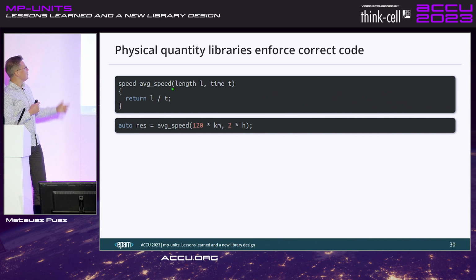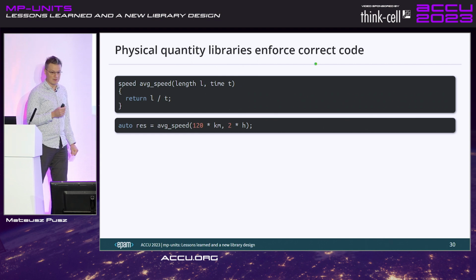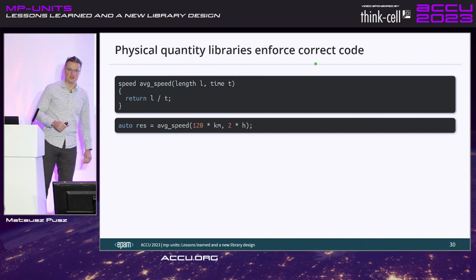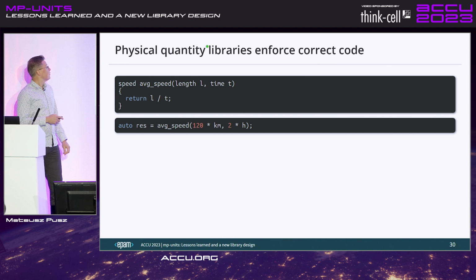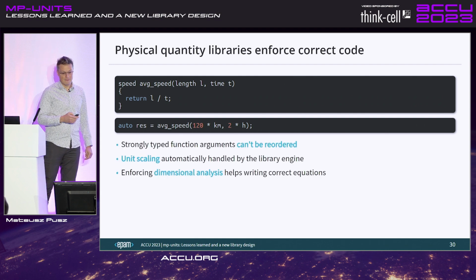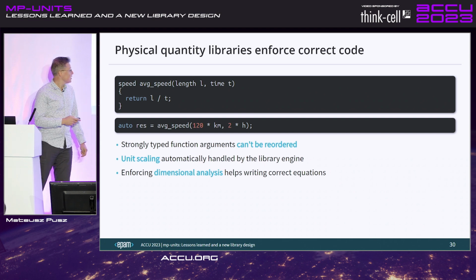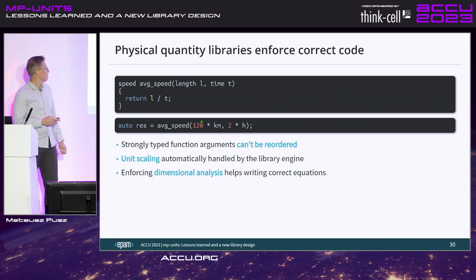You probably know about this, but I just want to make it straight that physical quantities libraries enforce correct code. This is something similar to what Andreas was speaking about in the previous talk, right? So if you have average speed, length, time, and return speed, there is no way to provide the arguments in a different order. This is one of the reasons why we are doing that. Also, the scaling of the units is done automatically.